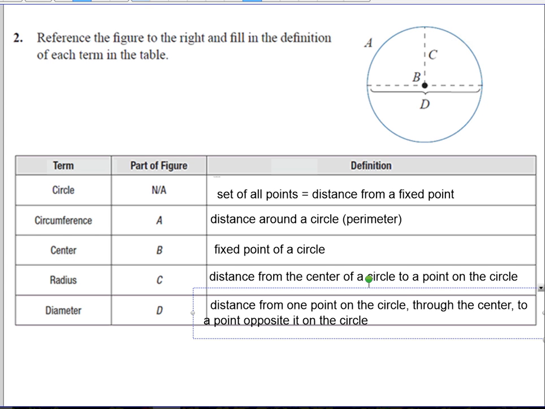So their example here is this dotted line D. So we're going from the left-hand side through the circle center to the right-hand side. And as you can see, from the left to the center would be a radius, and then from the center over to the right-hand side is a radius. So the length of the diameter is made by two different radii added together, if you want to think of it that way.